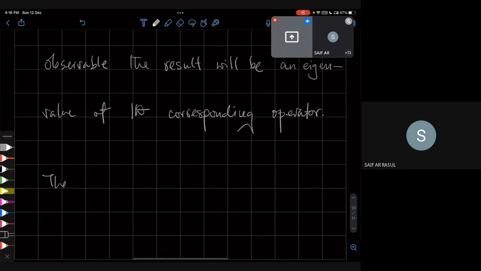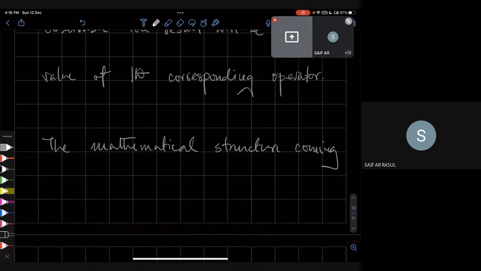The mathematical structure that quantum mechanics inherits from linear algebra carries over to the case of analysis, which is what we are dealing with.